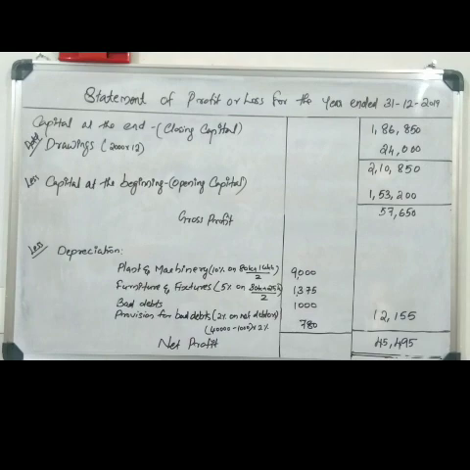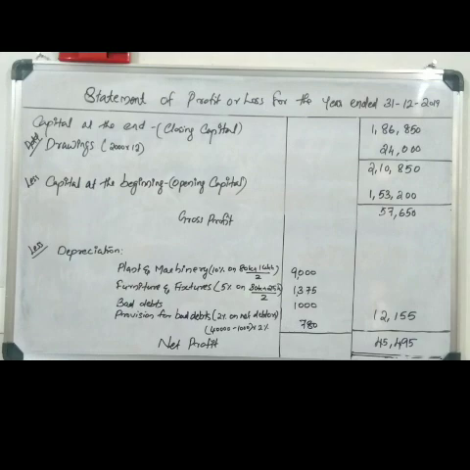So 40,000 minus 1,000 is 39,000, and 2% of 39,000 is 780 rupees. So the provision for bad debts at the rate of 2% is 780. So these are the expenses which have been given.